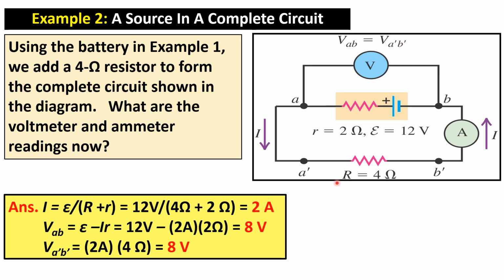And using Ohm's law, which I'm sure you are familiar with, voltage is equal to the product of the current and the resistance. So the current is 2 amperes multiplied by 4 ohms, which is the resistance of the big R. We get 8 volts as the voltage across points A prime and B prime, which as mentioned earlier is also equal to the voltage across point A and point B, and therefore that voltage is what is measured by the voltmeter.